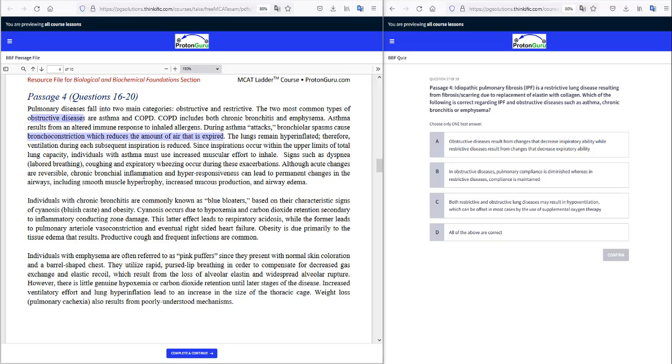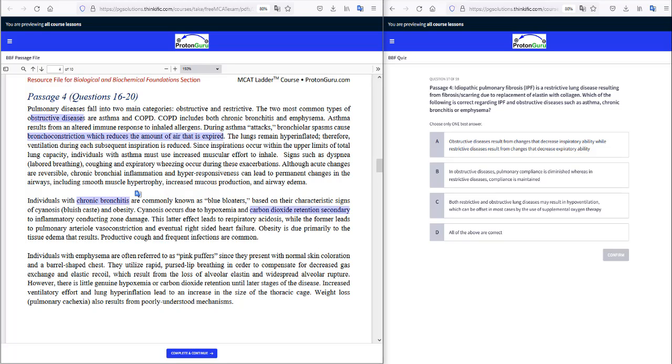Remember that you exhale carbon dioxide, so when we read about carbon dioxide retention down here, it's not calling out specifically something about inhaled or exhaled air volumes, but it's saying that you have carbon dioxide retention, and that's a symptom of people with chronic bronchitis, which is another one of the obstructive diseases.